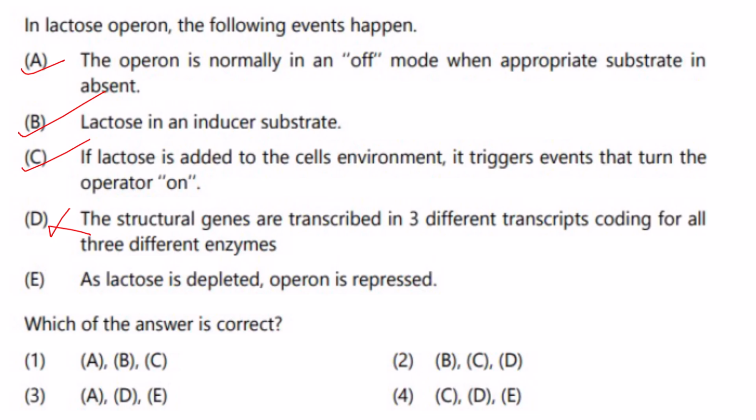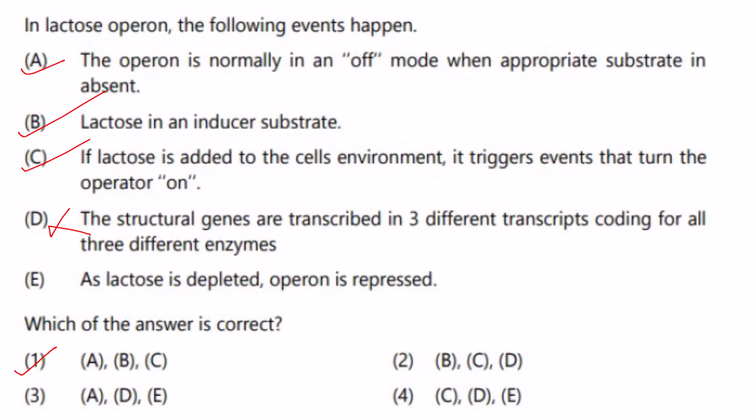As lactose is depleted, the operon is repressed. As per me, it is correct, but they have not included that option in the question paper. That is the E option; A, B, C, E is not present. So we will go for option 1 as the answer, and option 1 is what they have given in your answer key also.